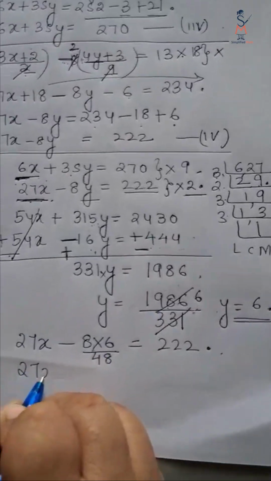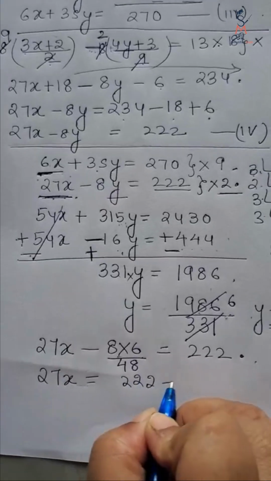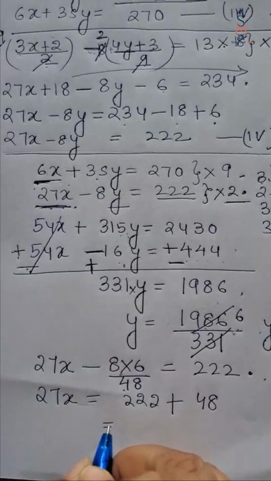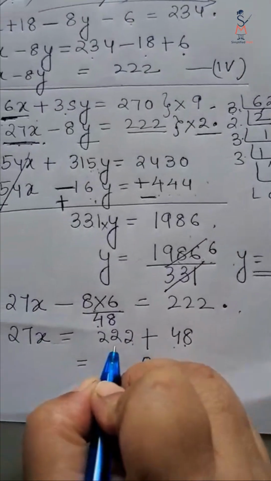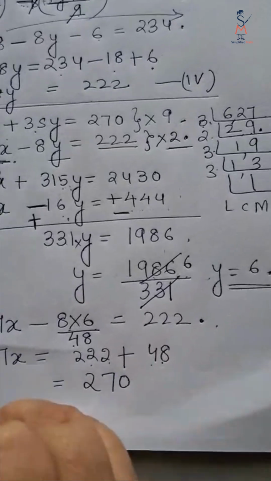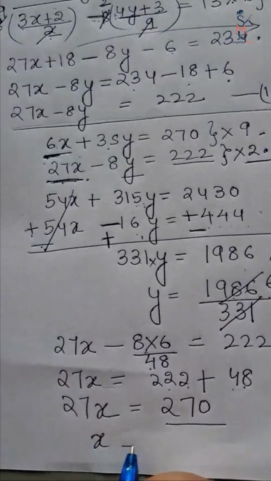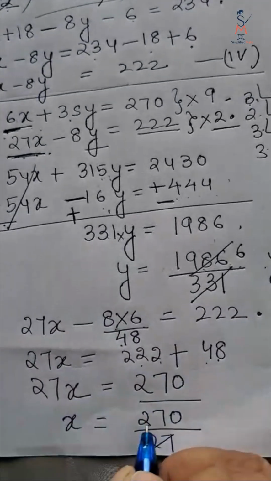So 27x is equal to 222 plus 48, minus 48 goes that side and becomes plus. So this becomes 270. 27x is equal to 270. So x is equal to 270 divided by 27, that is 10.